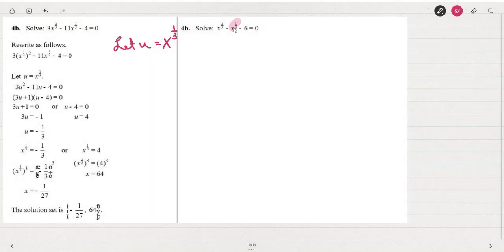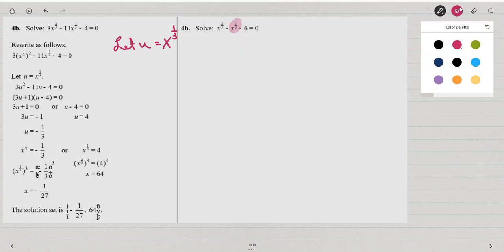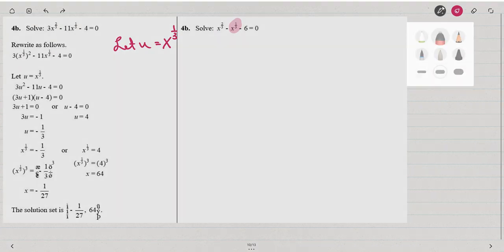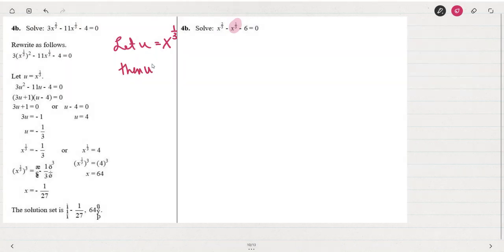So when I'm substituting, I'm letting u equal the variable in the middle here. So u is going to be x to the 1/3. If u is x to the 1/3, then u squared is going to be x to the 1/3 squared, or x to the 2/3.